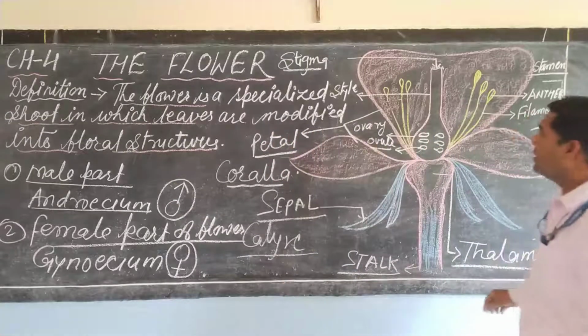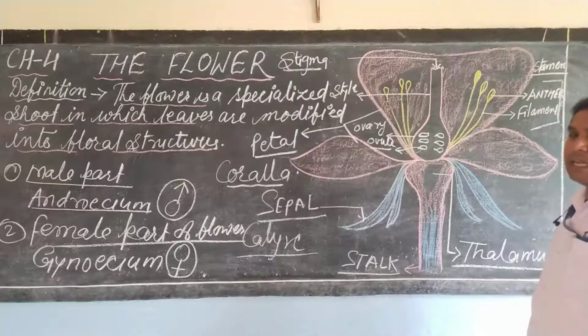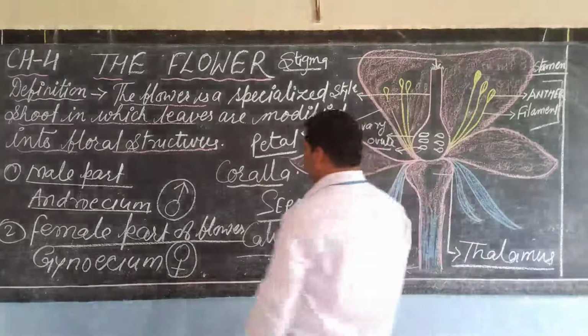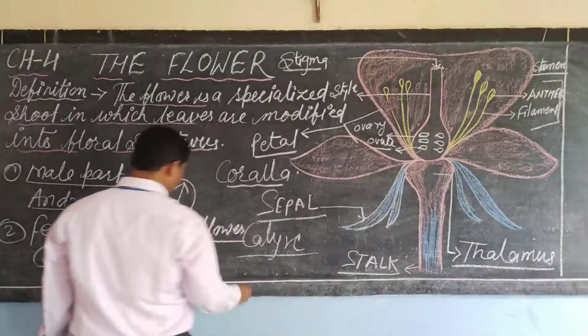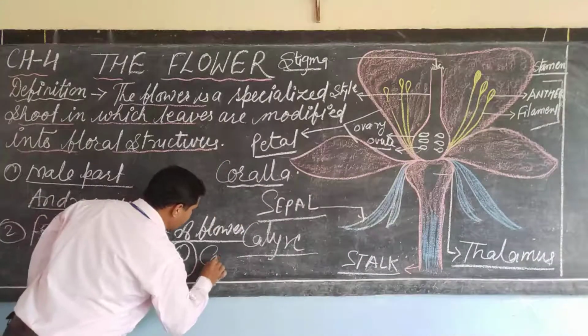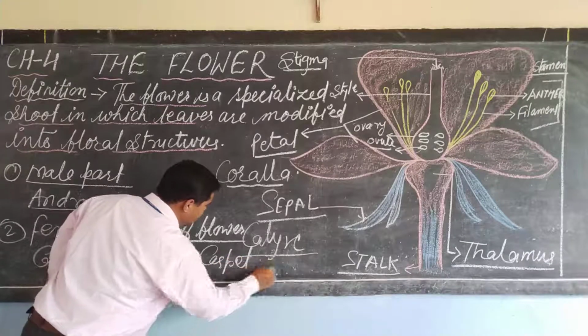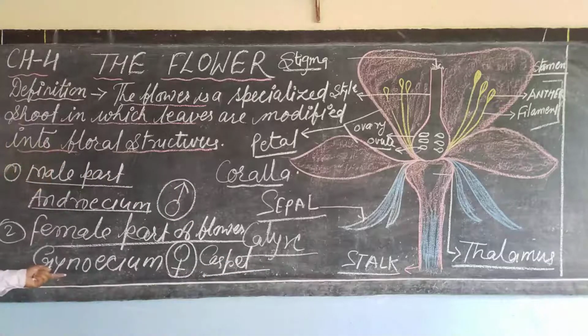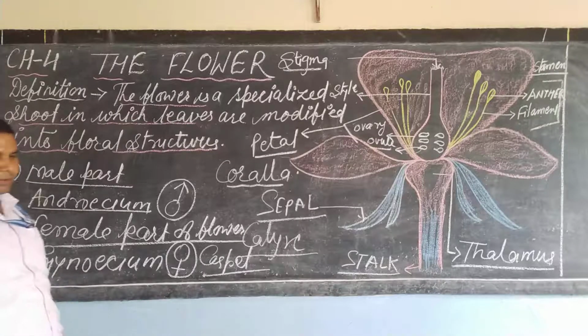Whereas a single female part is known as a carpel, whereas the collective form is known as a gynoecium, dear student.